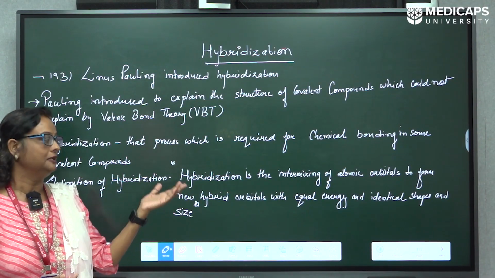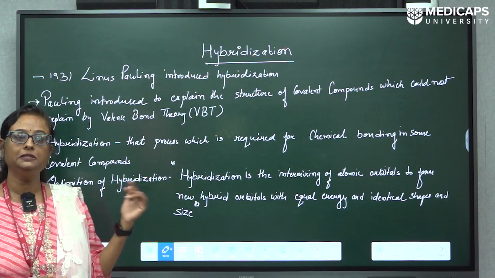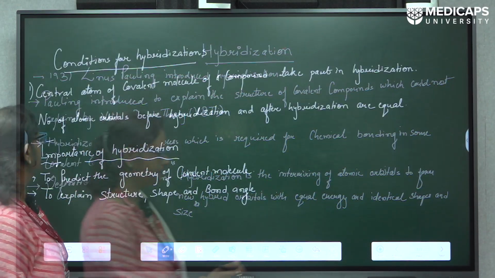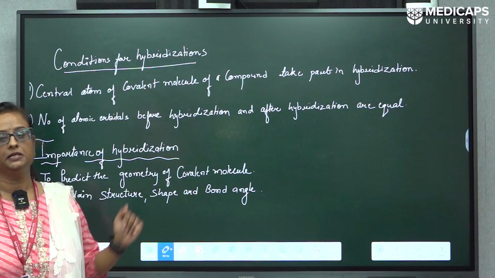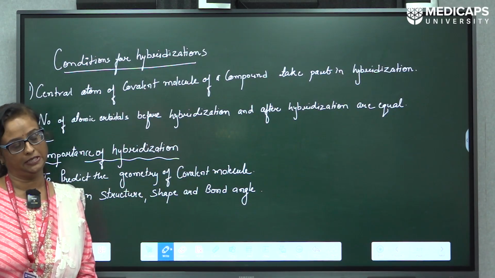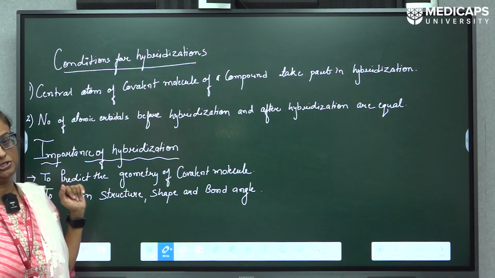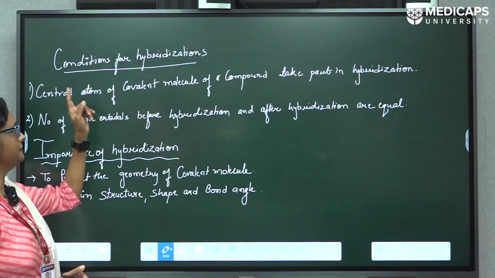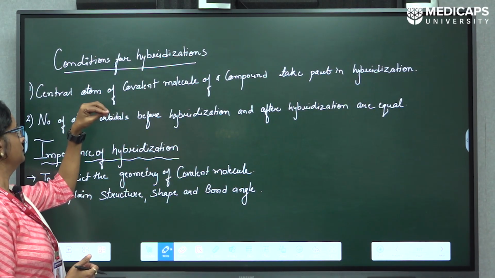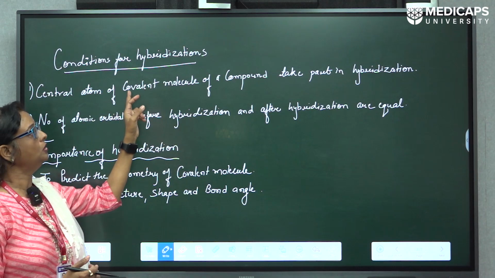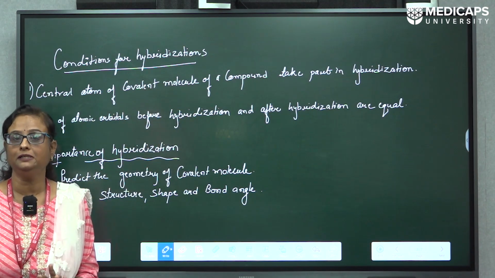Let's discuss the types of hybridization with some examples. Before the types, there are some conditions required for hybridization. There are mainly two conditions. The hybridization is only conducted by the central atom of a covalent compound.